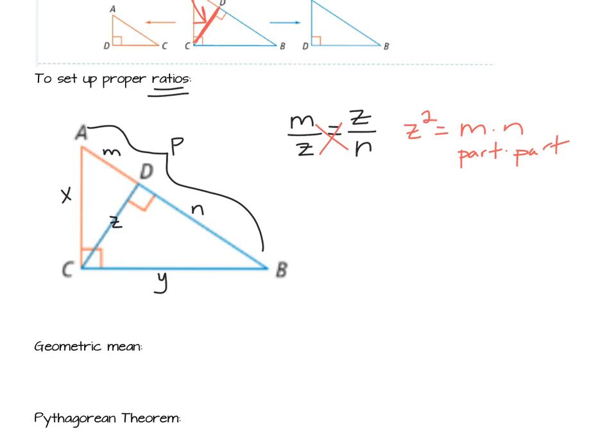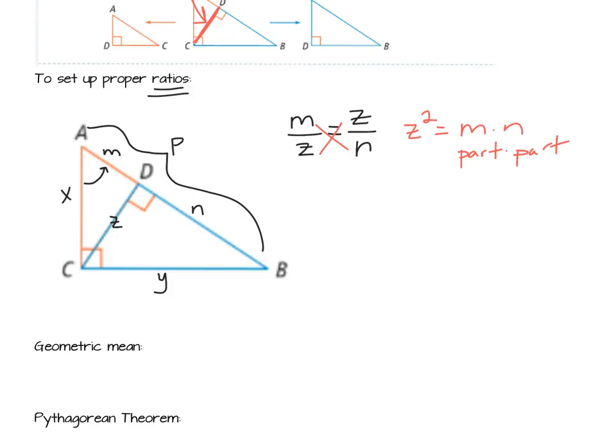Now the other connections we'll take a look at are those two outside legs, the X and the Y. X is going to compare the small segment that it's closest to, that M value, to the length of the entire segment.